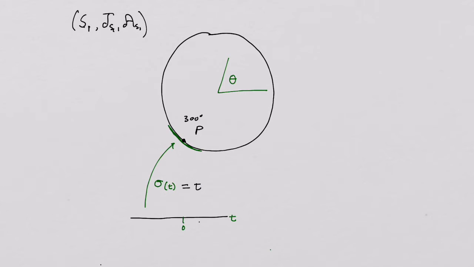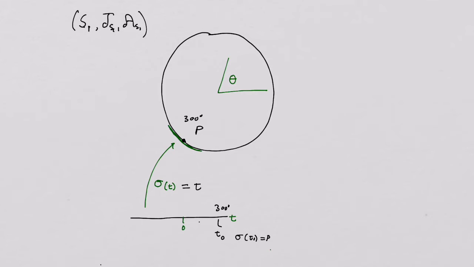Sigma of t has to be a point in the manifold, which we're describing by theta, so theta will equal t. If t equals 0, the curve is here, and when t gets to 300, the curve gets to P. So t0 equals 300 degrees, and sigma of t0 equals P. This is very familiar from how we describe these curves. This is just one example of a curve.